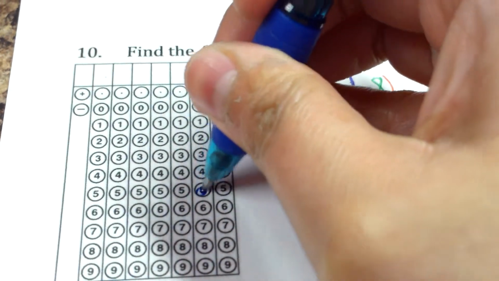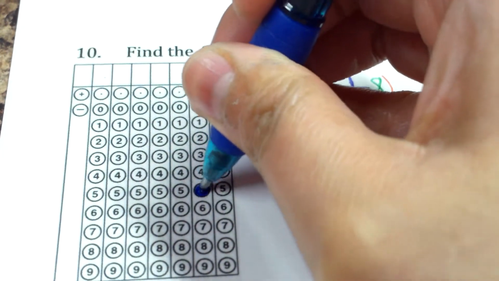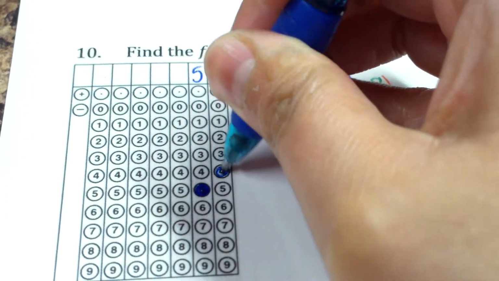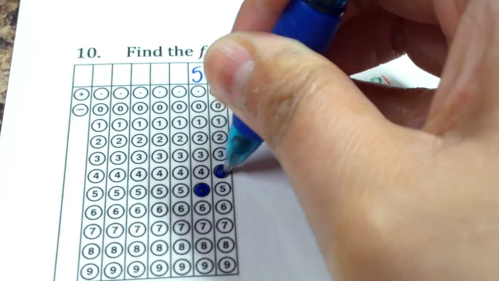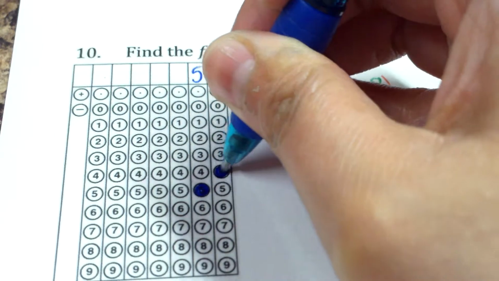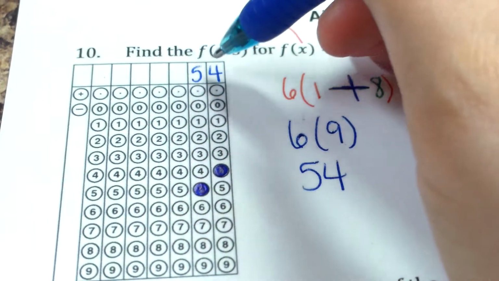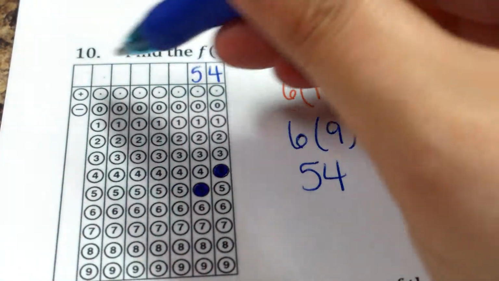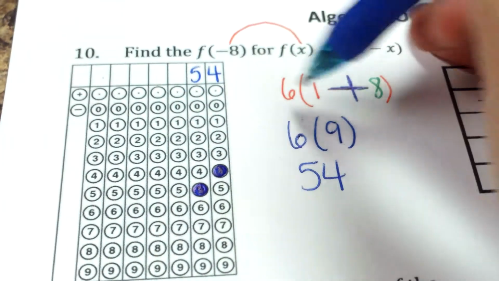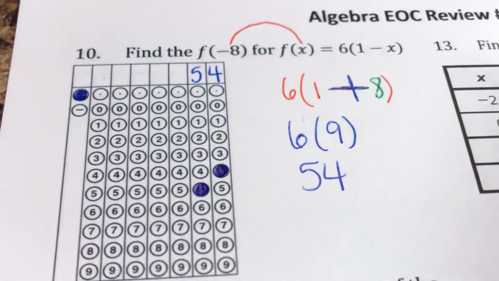Make sure you bubble it in correctly. Since it is positive, you could put the positive symbol, or you can leave it alone. However, if this would have been negative, then you need to put the negative. So putting 54 or the positive 54 is correct.